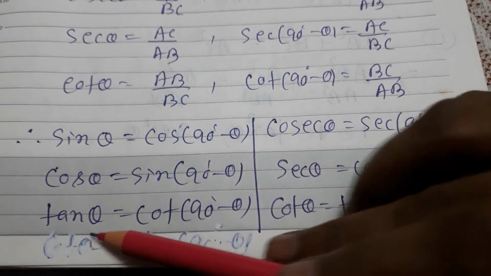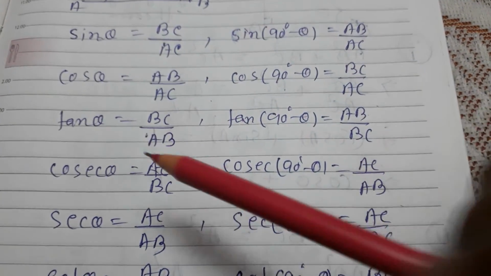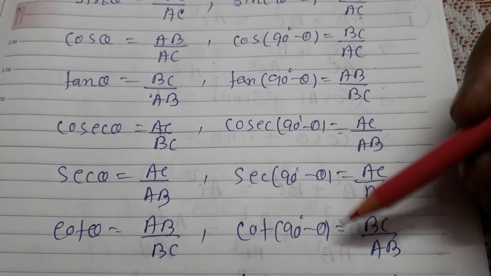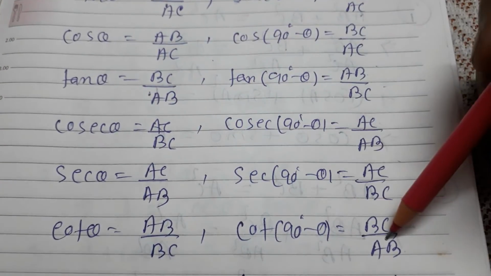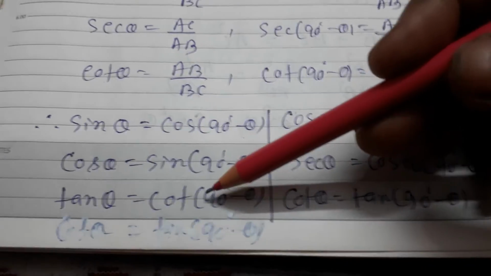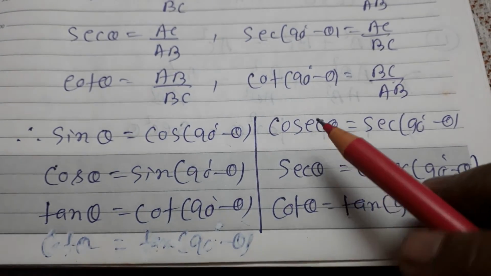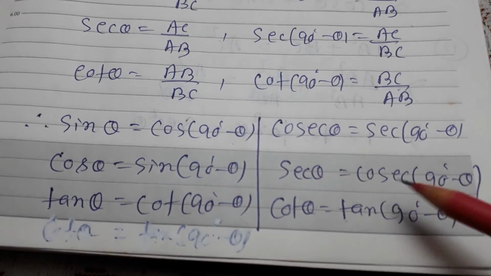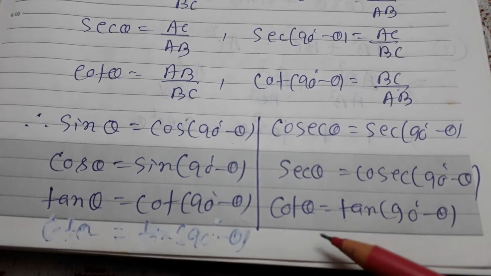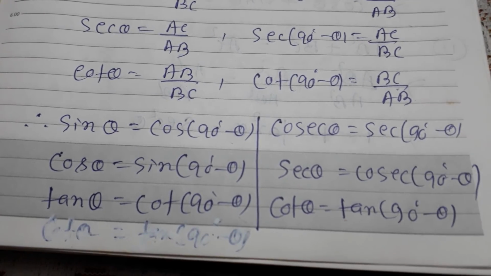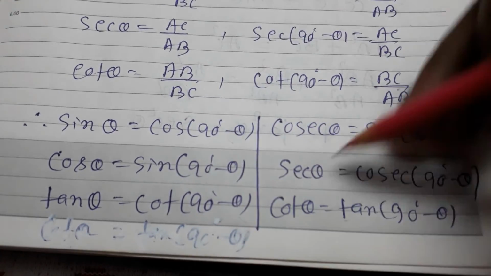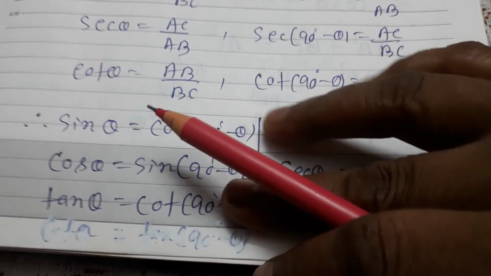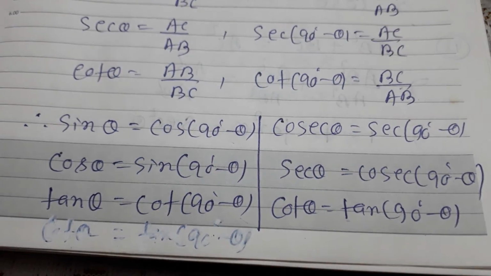And again tan theta and cot 90 minus theta are equal, both are the same. So tan theta equals cot 90 minus theta. Similarly, cosec theta equals sec 90 minus theta, sec theta equals cosec 90 minus theta, and cot theta equals tan 90 minus theta. So you have to remember these formulas, and how they are derived I have discussed above.